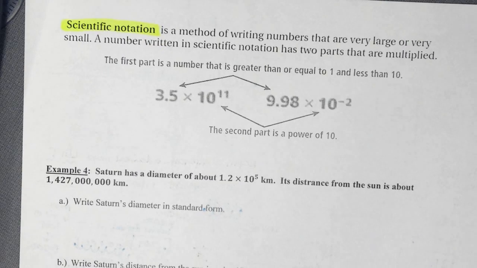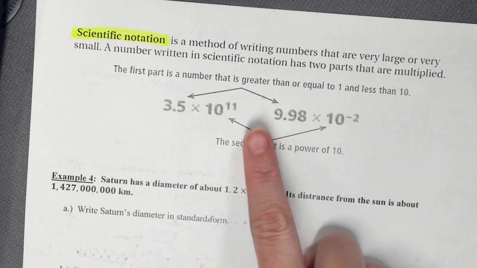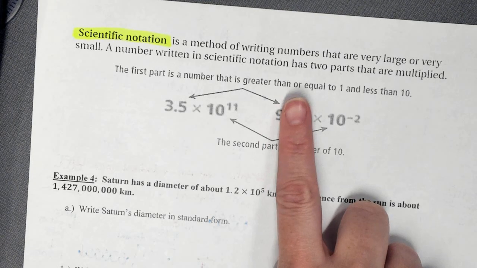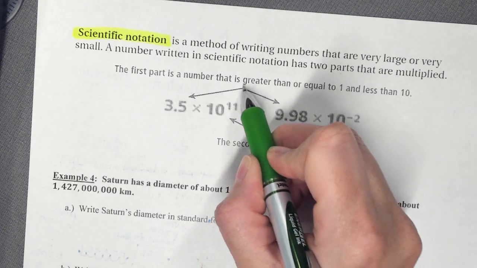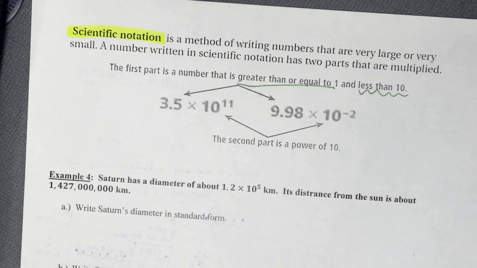All right, so the first part of a number, this is important. When you're writing it in scientific notation, the first part of a number has to be greater than or equal to 1, but also less than 10.